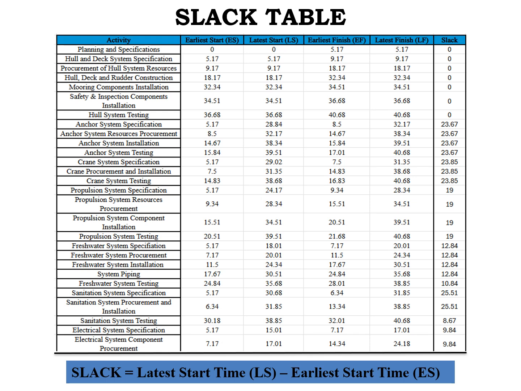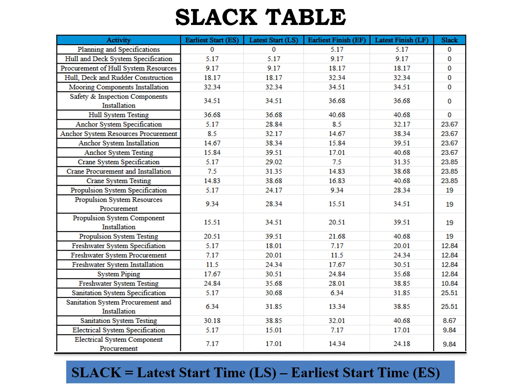And moving on to our slack table. So the slack basically represents the delay that an activity could have until it becomes critical. So a slack of zero indicates that there shouldn't be any delay in an activity before it is seen as critical.